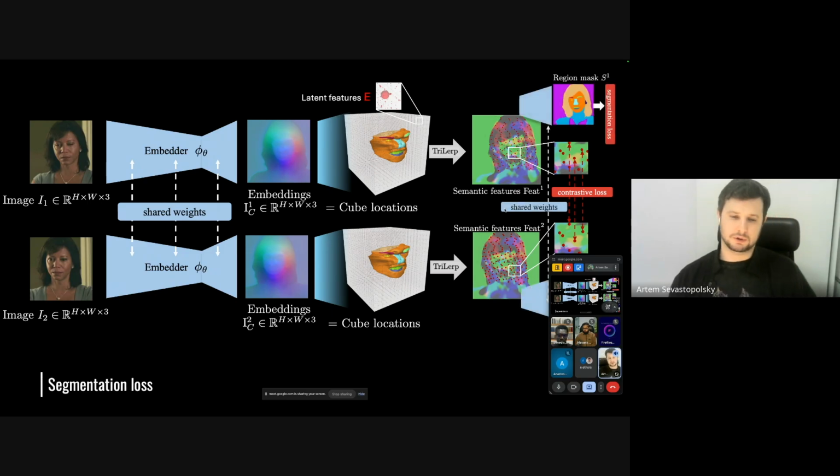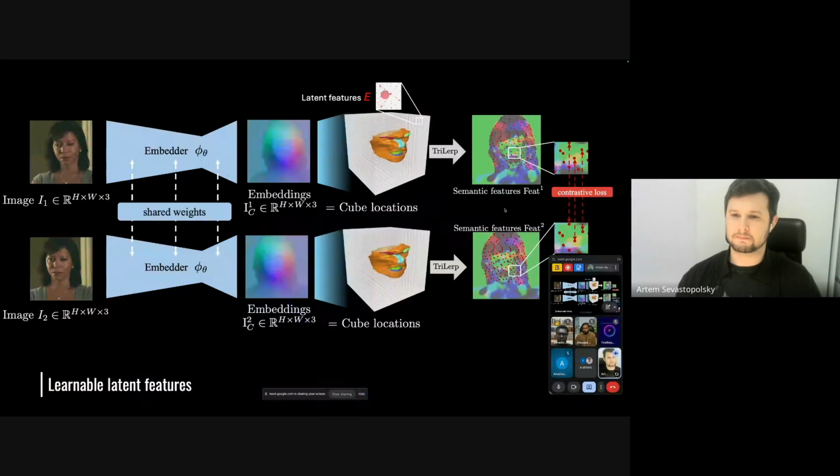Another thing we have to talk about is, you may be wondering, if we just take this method, it might learn any kind of a space.